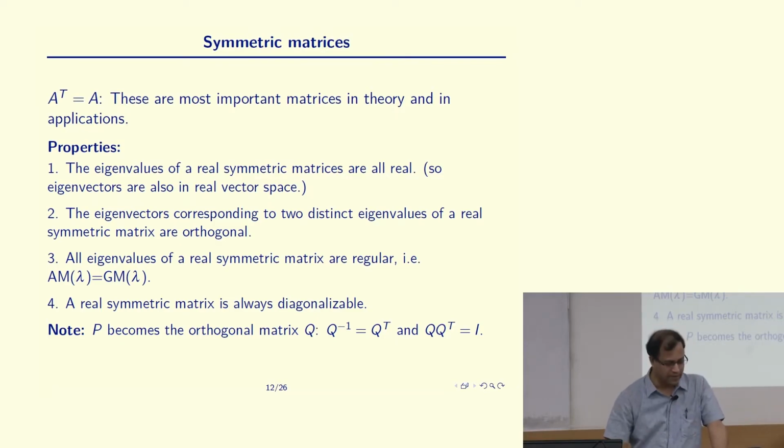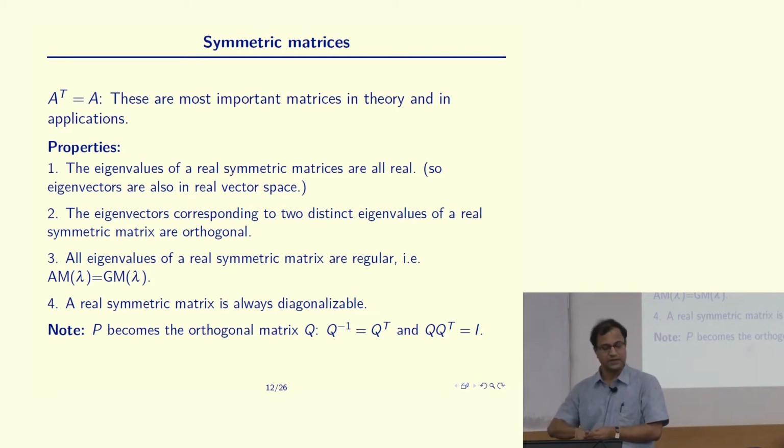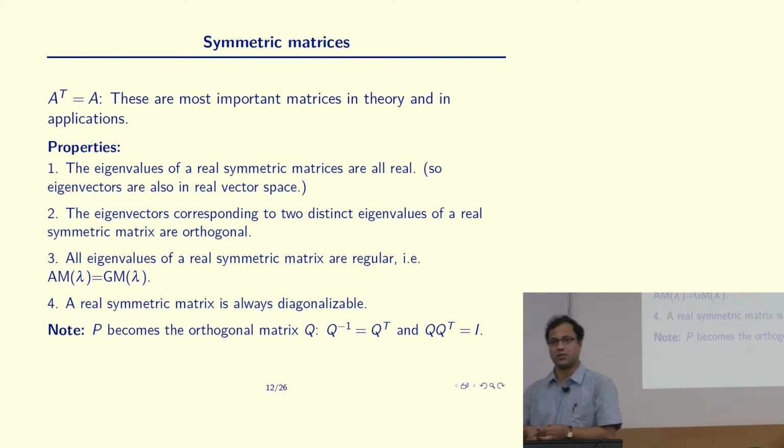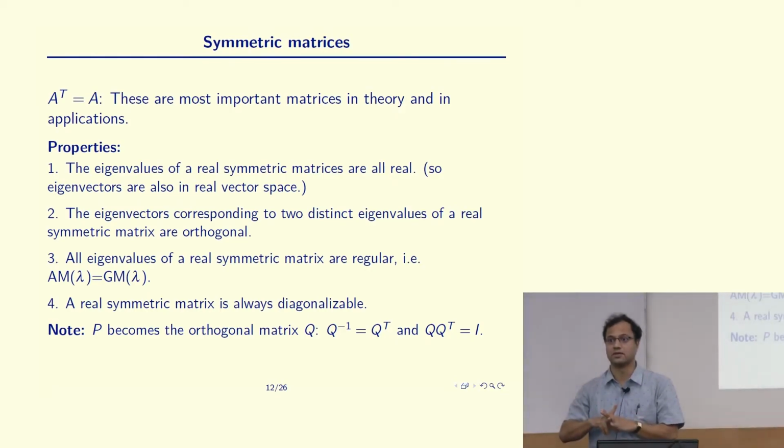And the second nice property is that the eigenvectors corresponding to two distinct eigenvalues, we said that they are linearly independent that time, but here they are orthogonal. So that is the nicest property we can find.